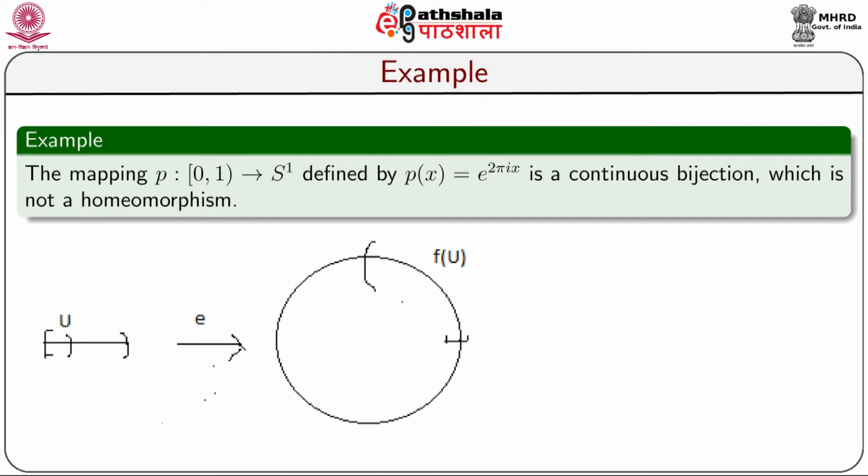Now, the mapping is defined by p(x) = e^(2πix). What does this mapping do? This mapping wraps the unit interval around the unit circle a single time. So, in the previous example, we have produced a continuous bijective mapping which is not a homeomorphism.